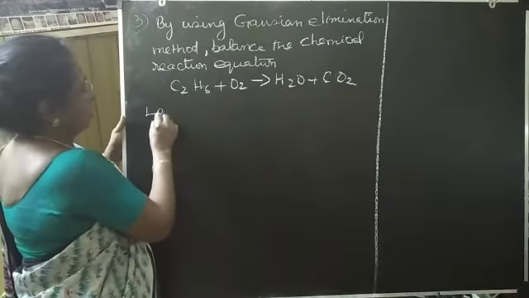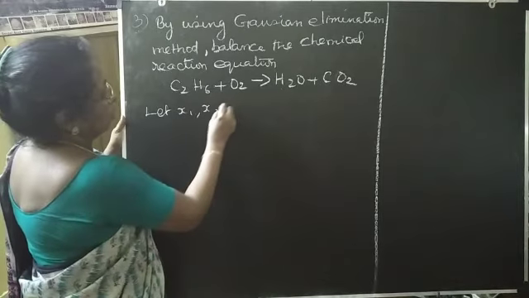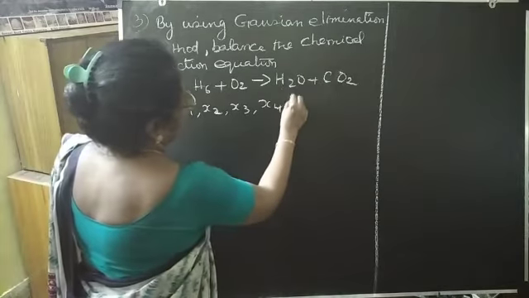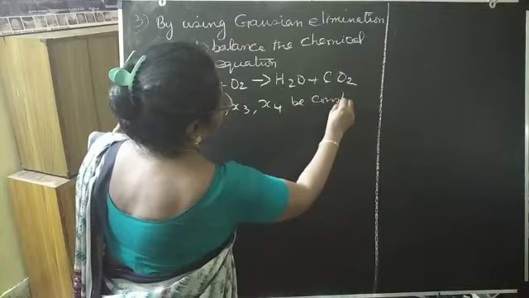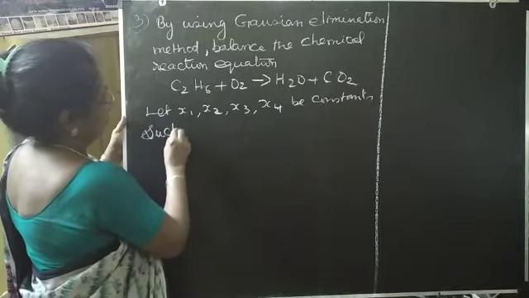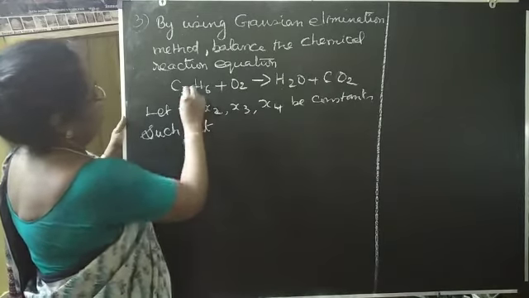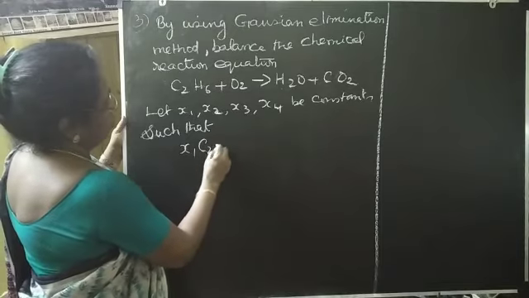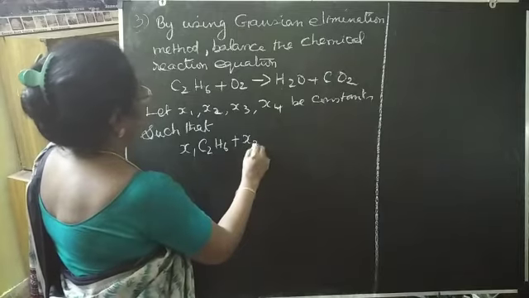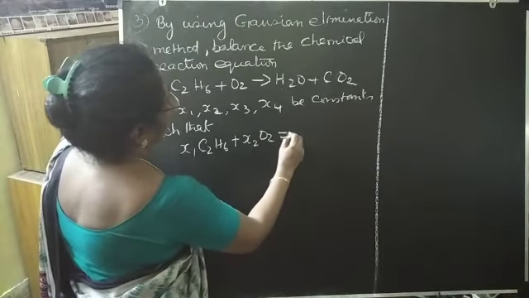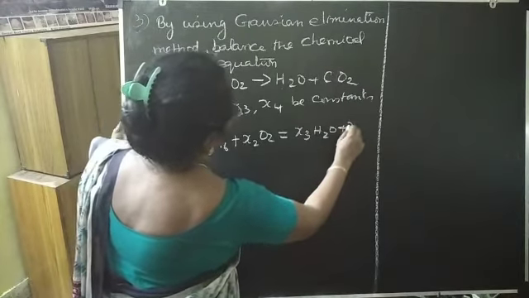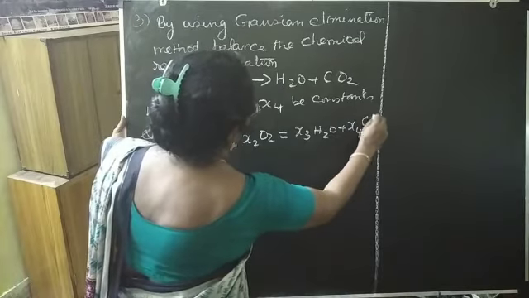So let x1, x2, x3, x4 be the constants such that x1 C2H6 plus x2 O2 equal to x3 H2O plus x4 CO.